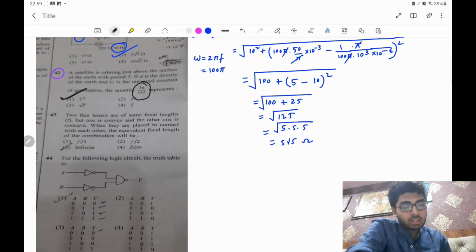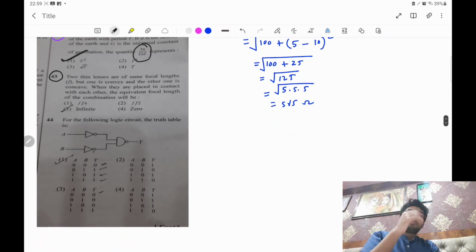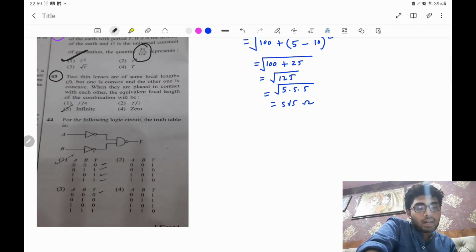Now come to the next question, question number 43. Two thin lenses are of the same focal lengths, but one is convex, another being concave. When they are placed in contact with each other, what will be the equivalent focal length of the combination?